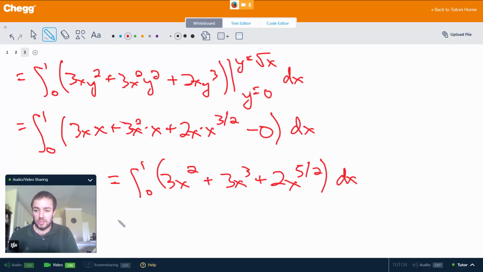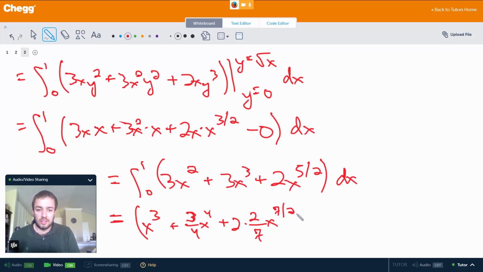Now this is pretty much just a standard calculus 1 type integral. So if we integrate 3x squared, we get x cubed. If we integrate 3x cubed, we get 3/4 x to the 4th. That's a 3 right there. And then plus 2 times 2/7 x to the 7/2.